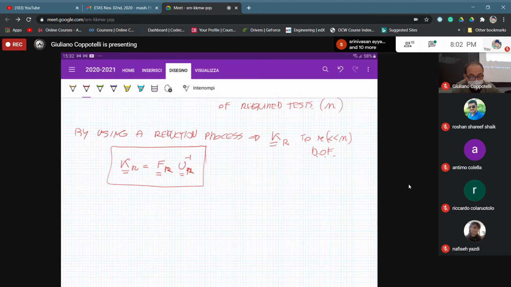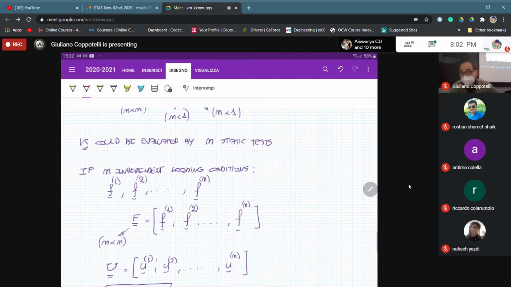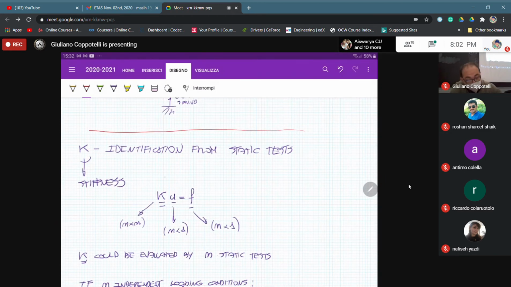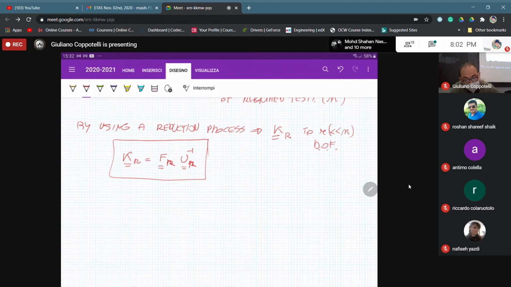So we can call this method the stiffness method. Now I'll show you the flexibility method.